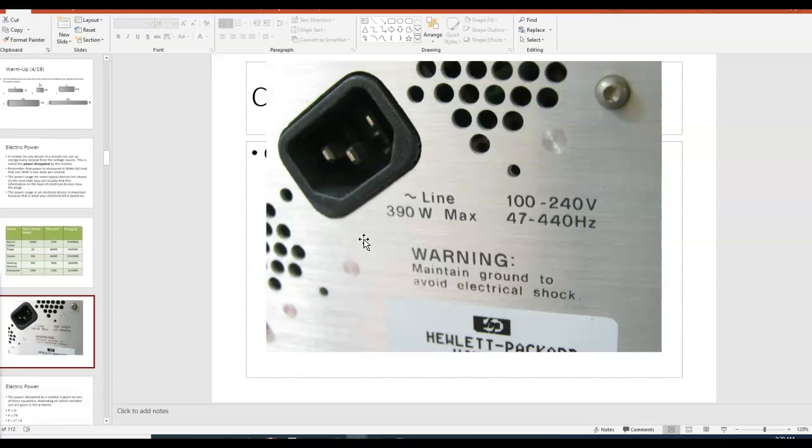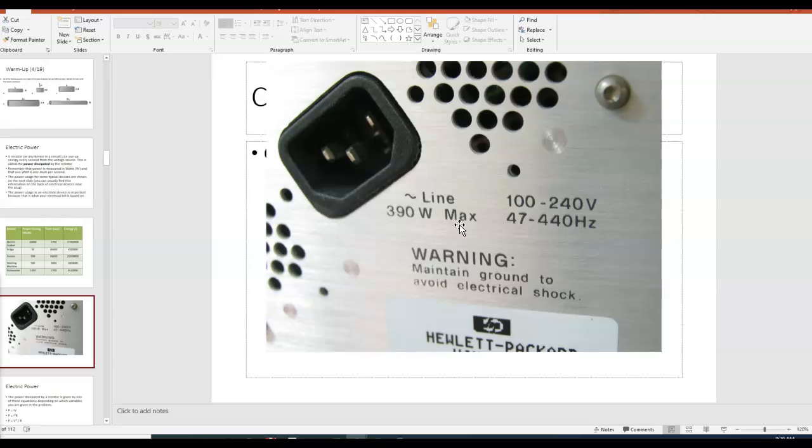Now, again, if you look on the back of the device, either on the plug or on the back, a lot of the time you can find information about the voltage or the current or the wattage. For example, this is the back of a computer case, and you can see right here it says 390W max.